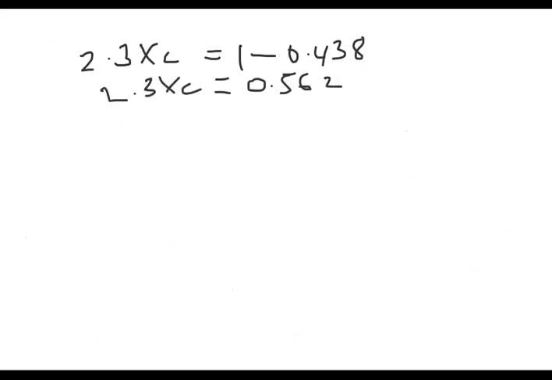So divide by 2.3, you know XC is equal to this divided by 2.3, and that gives you 0.244.